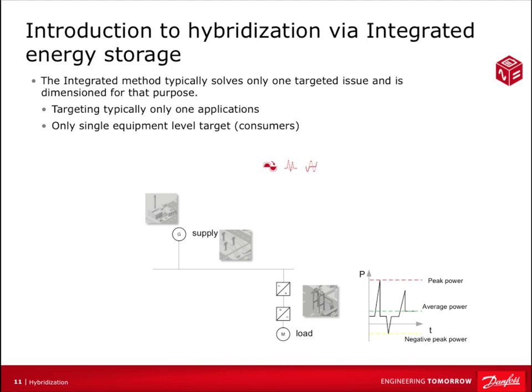This would be my load, and with the similar issues that we had with the centralized, there are going to be opportunities again for meeting the same issues. We're going to have some peak power.